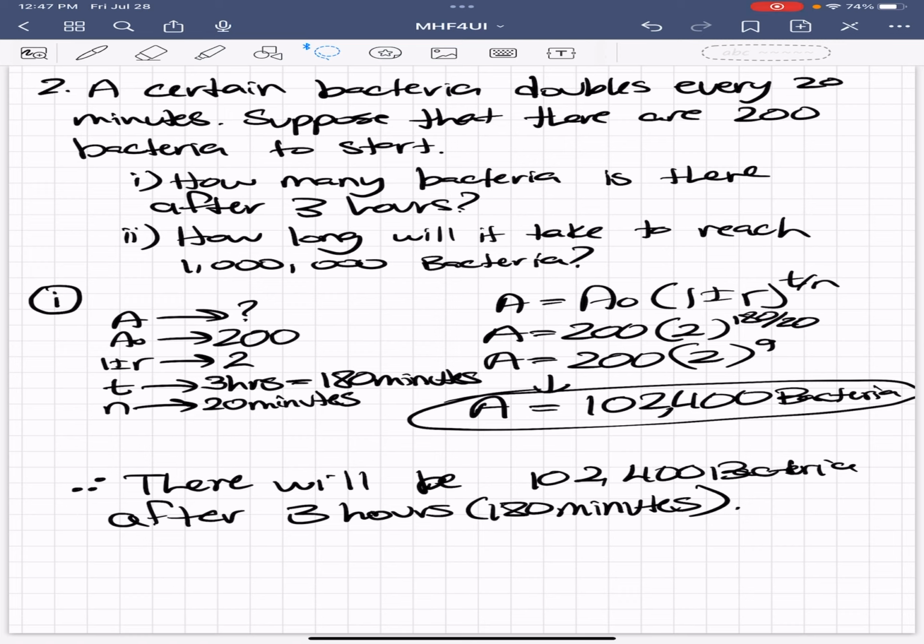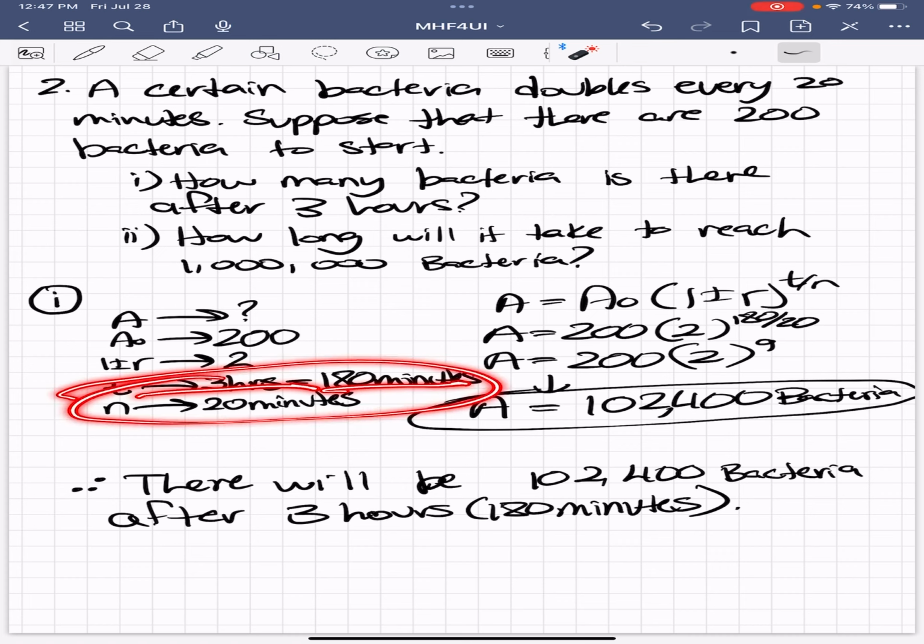I'm just going to rewrite the word bacteria. Okay, there will be 102,400 bacteria after 3 hours, or 180 minutes. I put both just to be clear. Remember that T and N have to be the same units, so we converted 3 hours into minutes. So we have the same units for T and N.